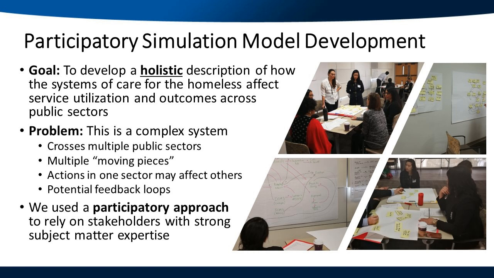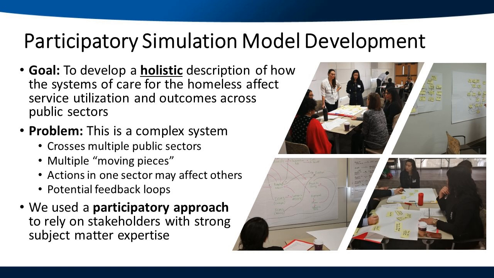So we believe by improving mental health outcomes, that may also be having an impact on criminal justice, and by improving the criminal justice involvement, that may also have a separate impact on use of social services or health services. So we wanted to develop a comprehensive view of how all of these systems interact together.